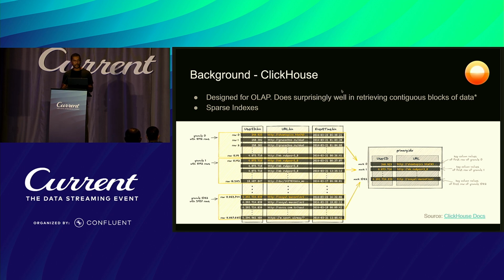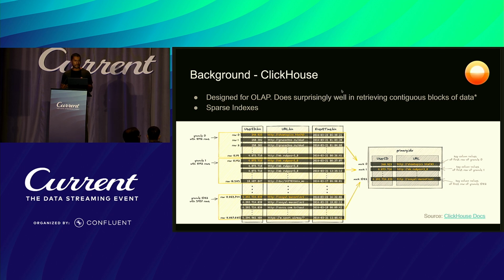Our tables in ClickHouse are all sorted by a given sort key. So we typically set that based on the patterns that we think the customers are going to use to query the table. And what a sparse index does is, because the table is sorted, it essentially has one entry to a block in the table.